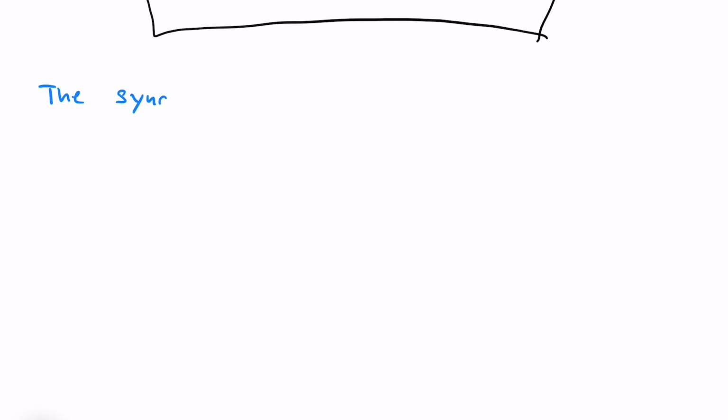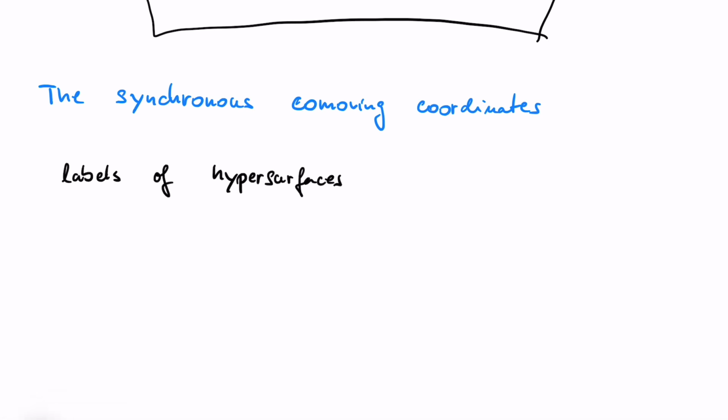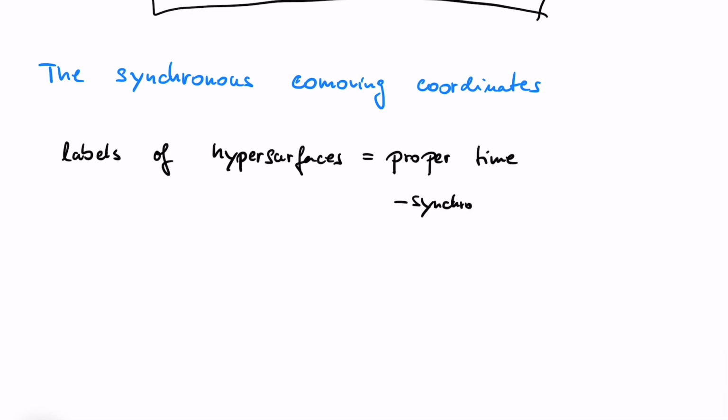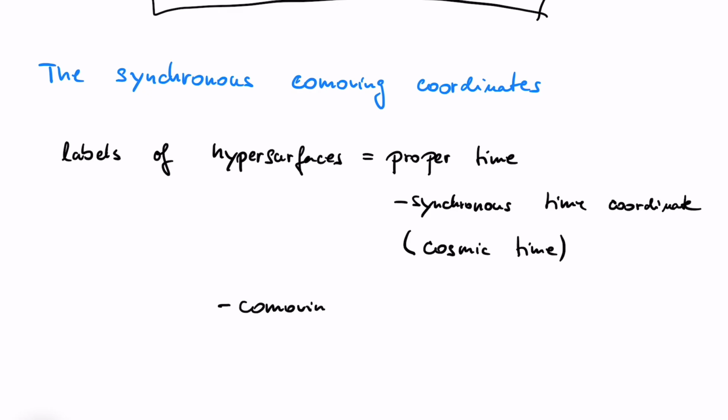Based on this, we introduce the synchronous co-moving coordinates. The labels of the spacetime hypersurfaces are taken to be the proper time. And so, we have defined the synchronous time coordinate or the cosmic time. The spatial coordinates are chosen so that the fundamental observers do not change their coordinates, so they are co-moving.